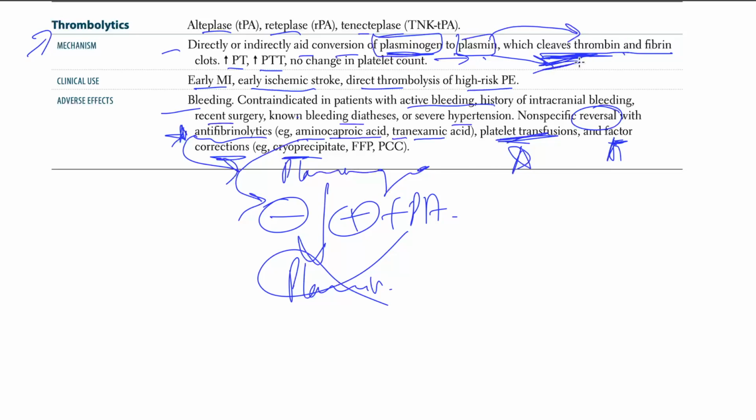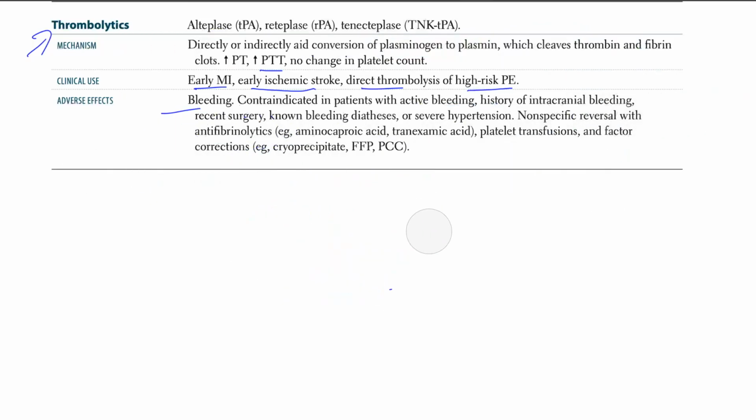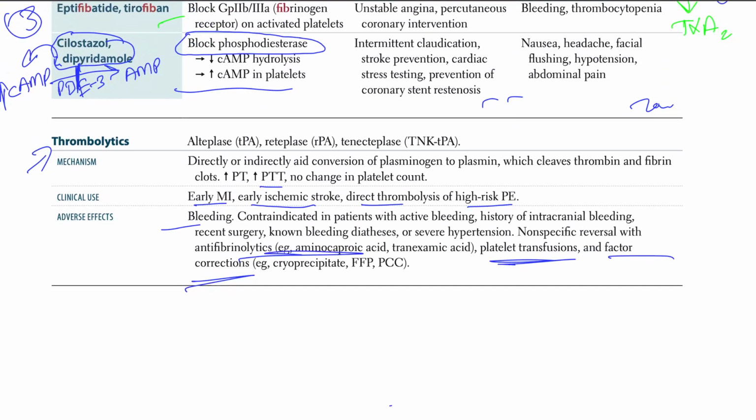When it cleaves the fibrin, it also causes the formation of D-dimers, an increase in D-dimers. But you can inhibit all of that by giving antifibrinolytics, platelet transfusion, factor corrections. So that's all for the thrombolytics.